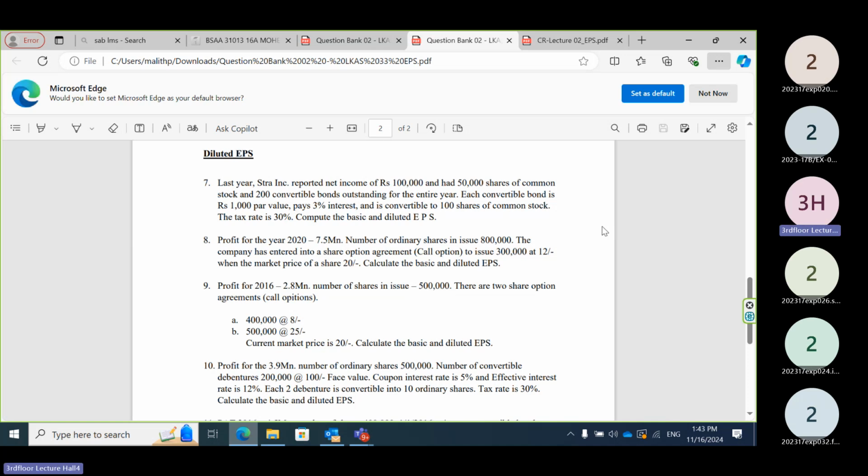So then profit after tax divided by weighted average number of shares. Right? So the profit after tax equal 6 million. So what we are going to do? We have 500,000 shares, opening shares.